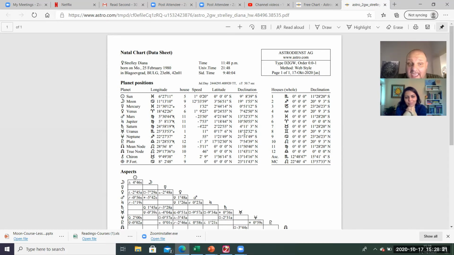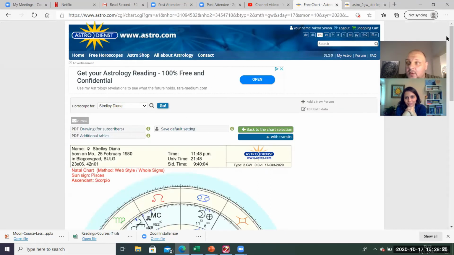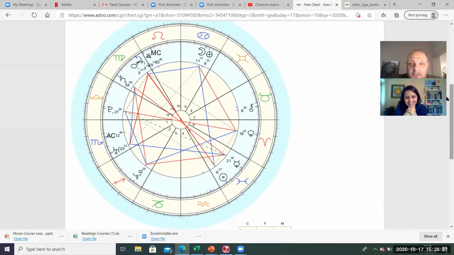And it is acting like the Moon and Uranus were opposing each other. When we go back onto her chart, we can see that the Moon is here, Uranus is there. There is no opposition going on, but by declination they are acting like an opposition.